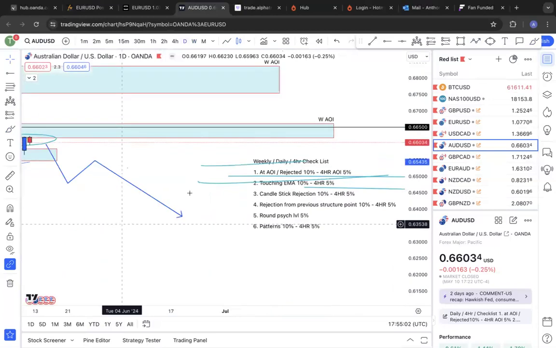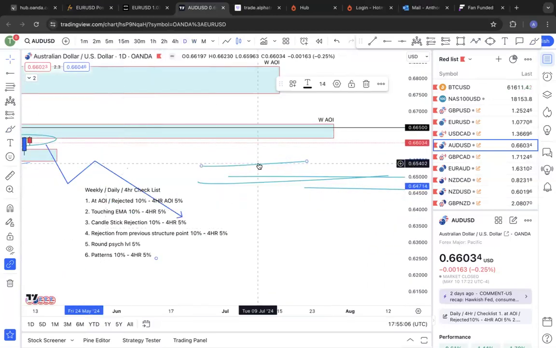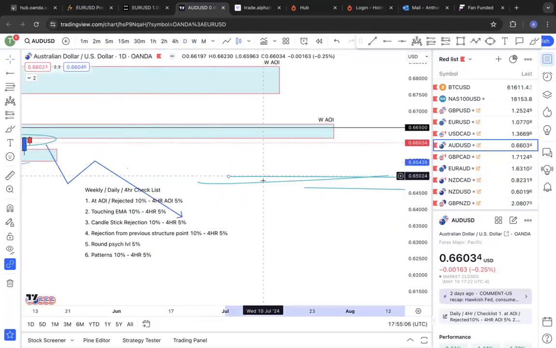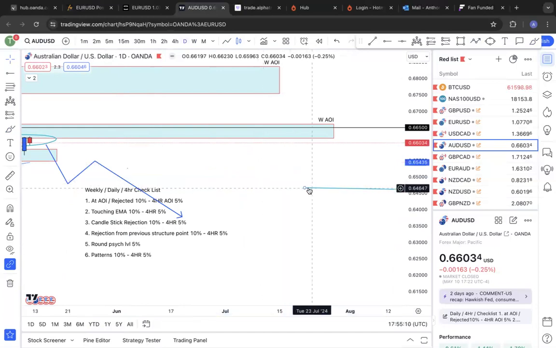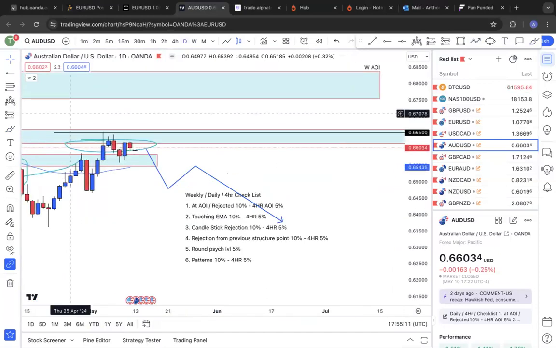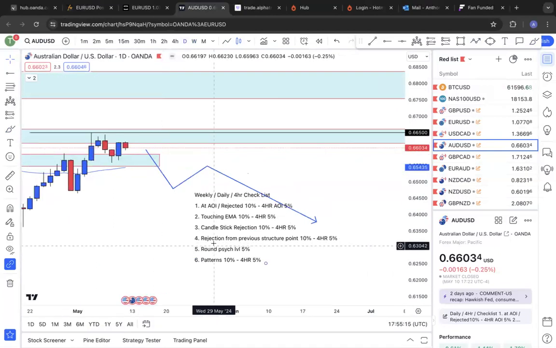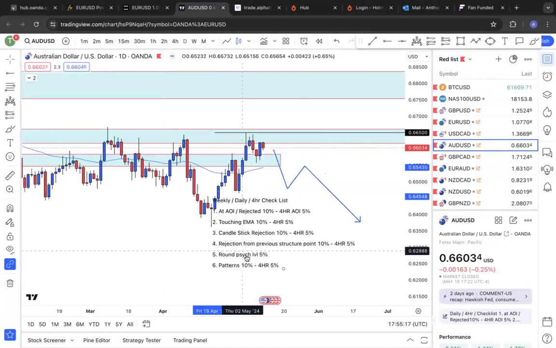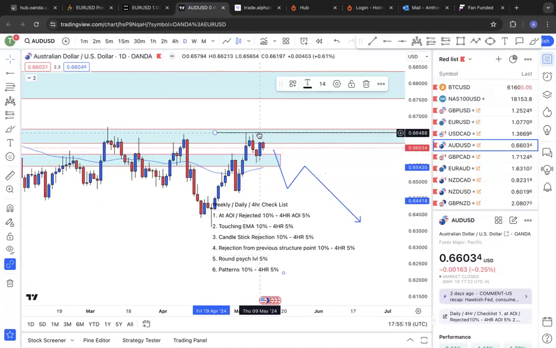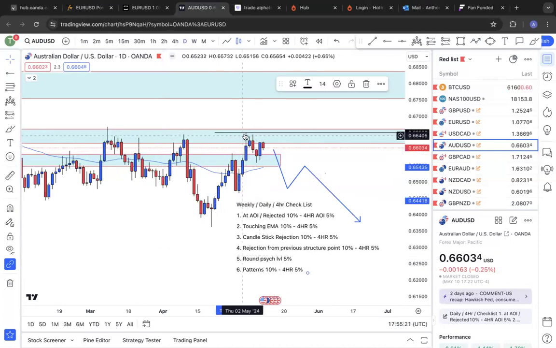Oh, absolutely. No, it's like a logical number. They got rejected right there. Bam. And now it's coming back to that retest.